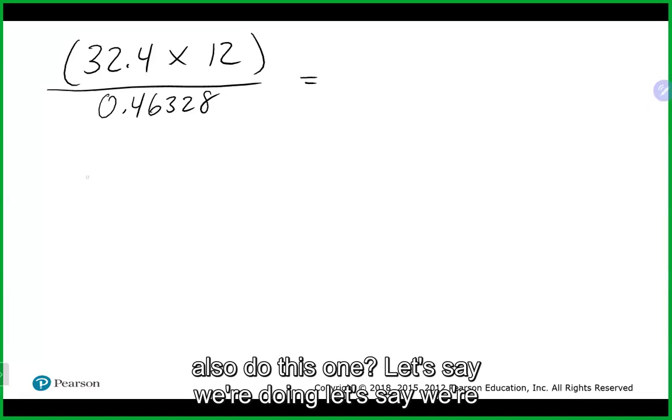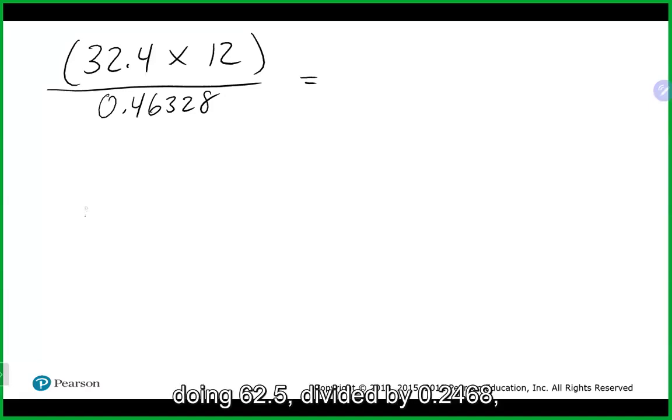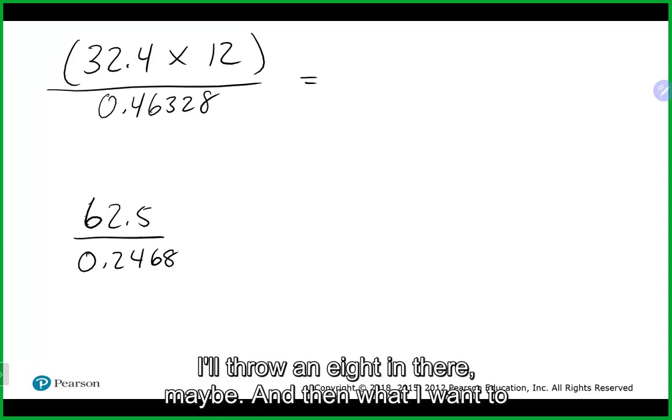Why don't you also do this one? Let's say we're doing 62.5 divided by 0.24688. I'll throw an 8 in there maybe.